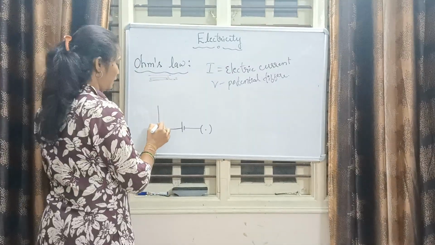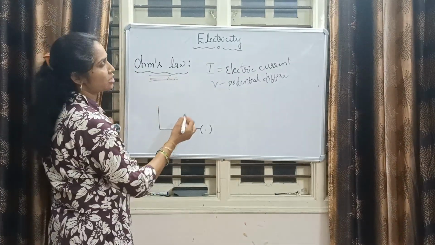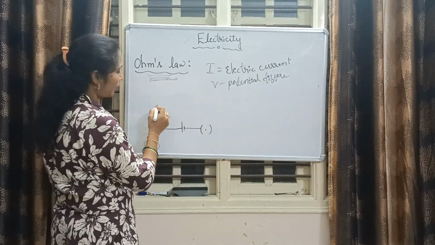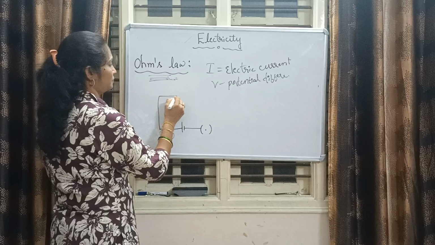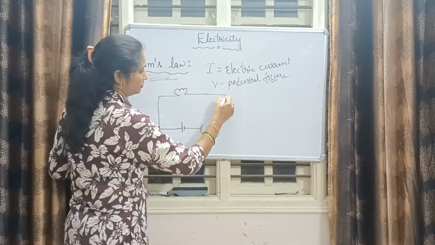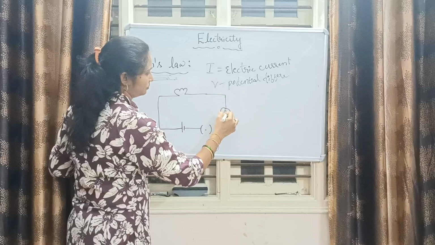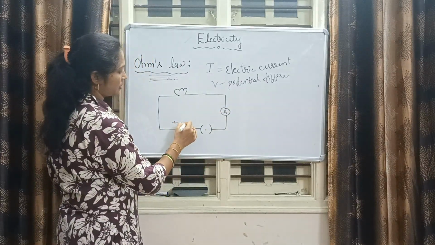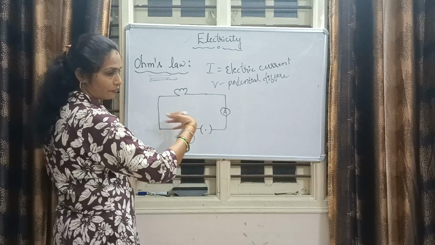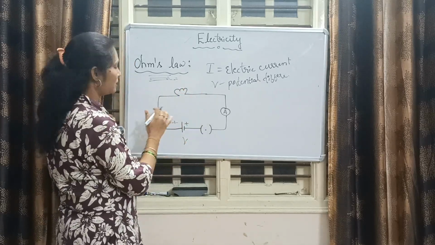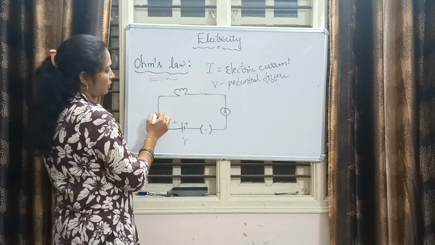Okay, we'll discuss the relationship between V and I with the help of a circuit. The potential difference gets generated when the current is flowing in a circuit.